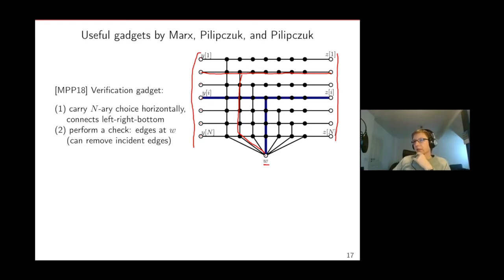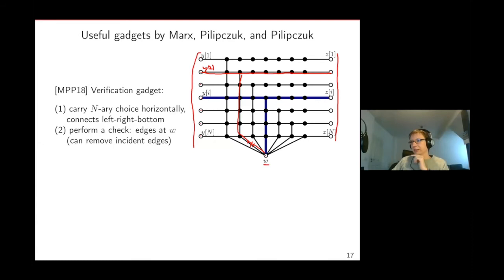And so, as I said, first of all, this way I can carry an n-ary choice horizontally. But there's a second important thing. That's why it's called the verification gadget. You can choose to delete some of the edges adjacent to W. So let's say if I were to delete this vertex, then this particular choice, namely choosing the second vertex here, Y2, would not work, right?